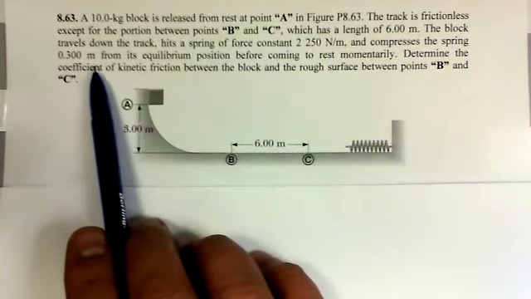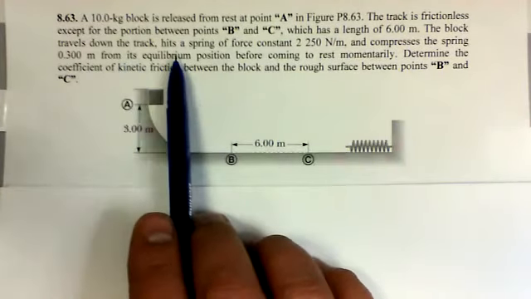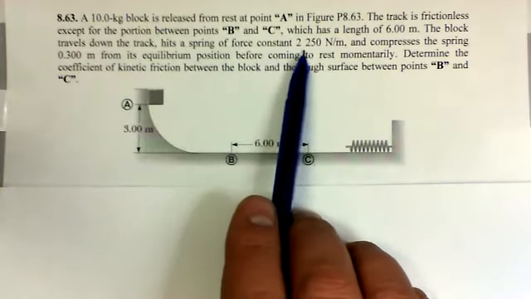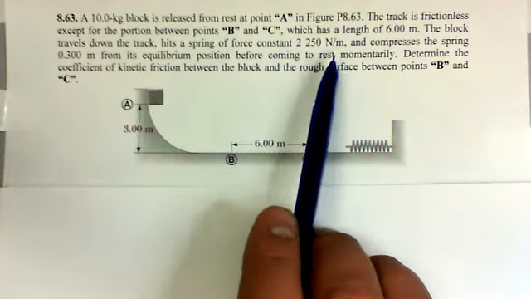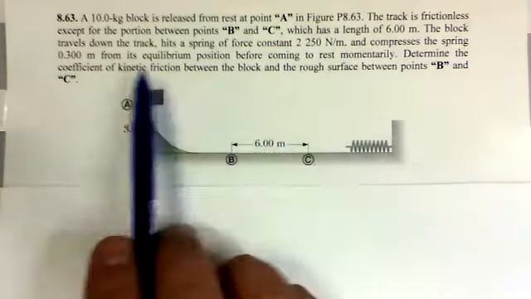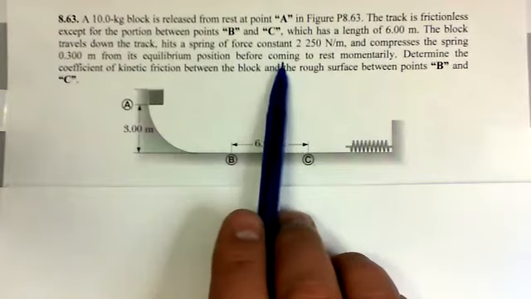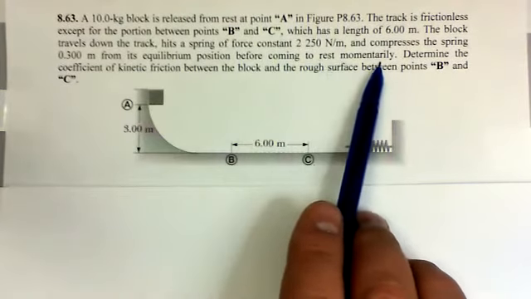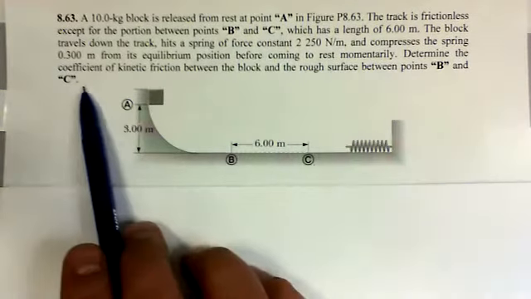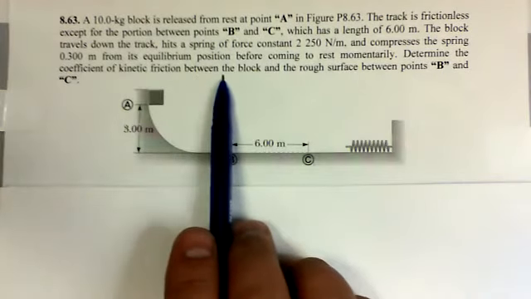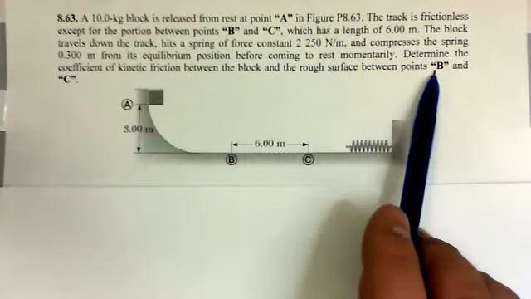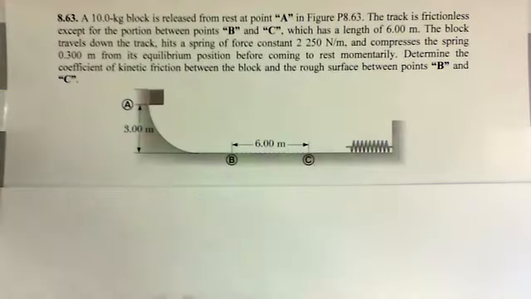The block travels down the track, hits a spring of force constant 2250 newtons per meter, and compresses the spring 0.3 meters from its equilibrium position before coming to rest momentarily. Determine the coefficient of kinetic friction between the block and the rough surface between points B and C.